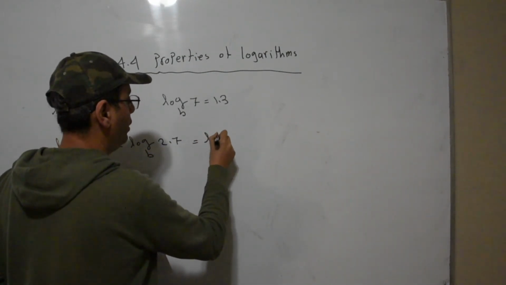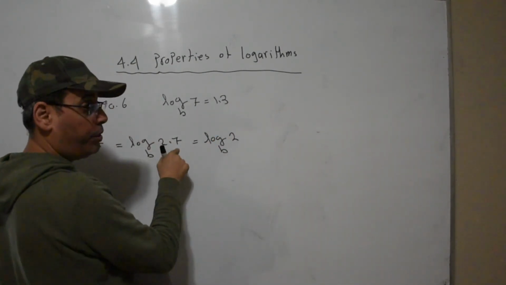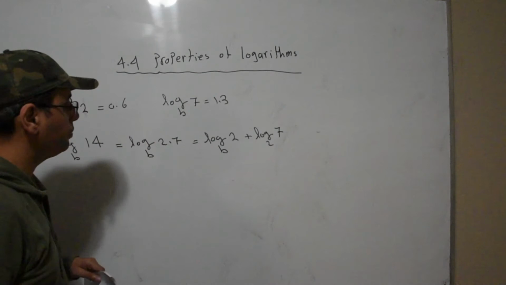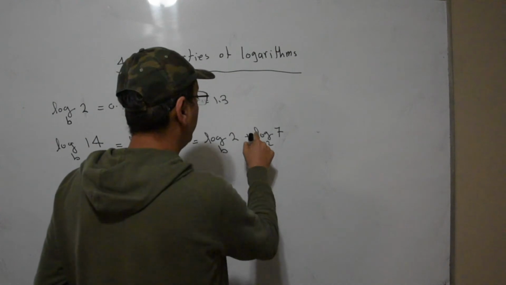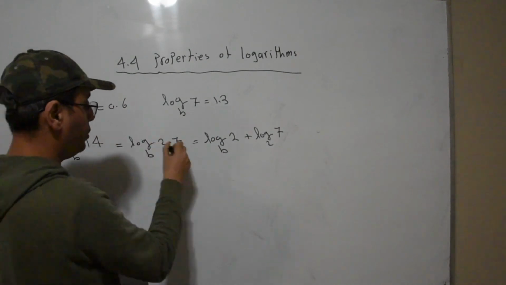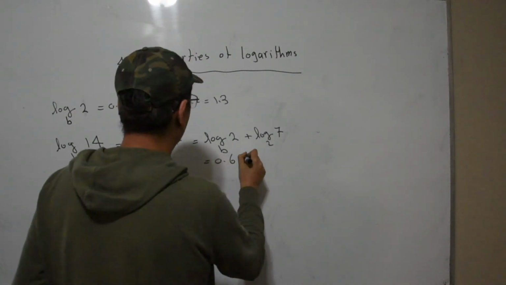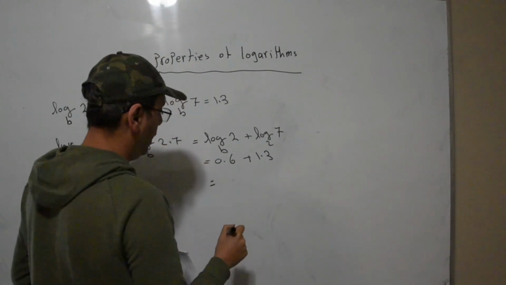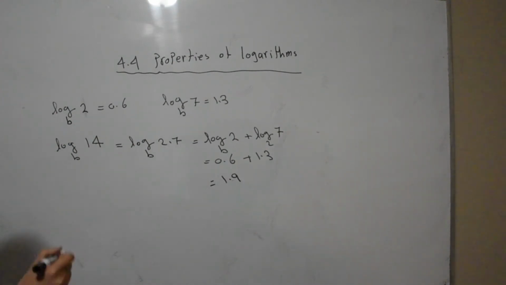So I have log base b of 2 plus log base b of 7. Log base b of 2 is given as 0.6, so I have 0.6 plus log base b of 7, which is 1.3. And basically that gives me the answer, 1.9. Is it clear?